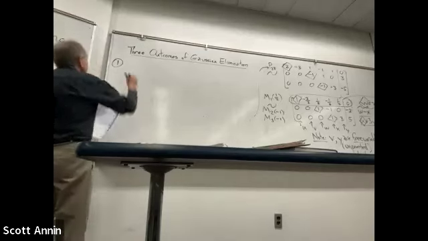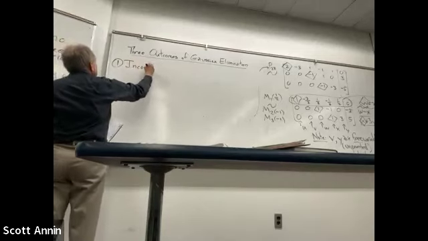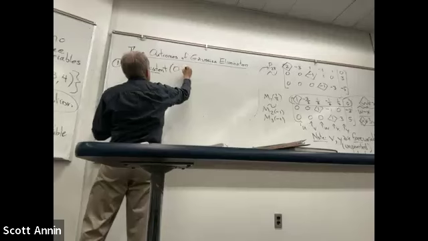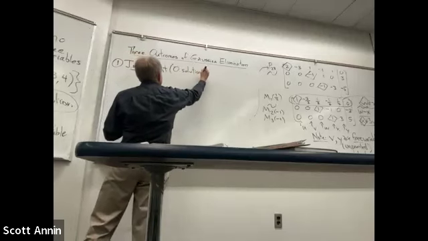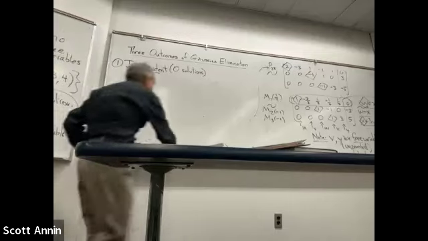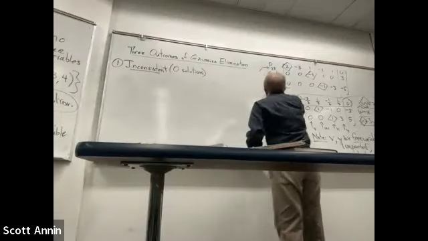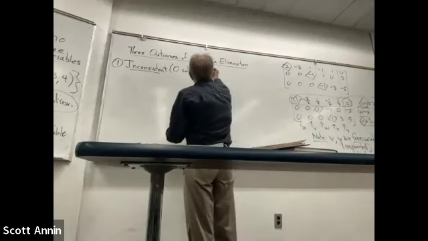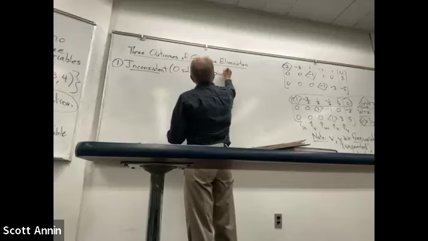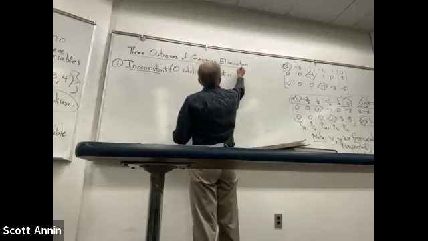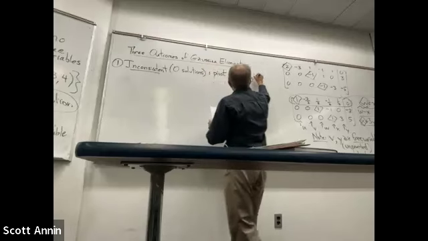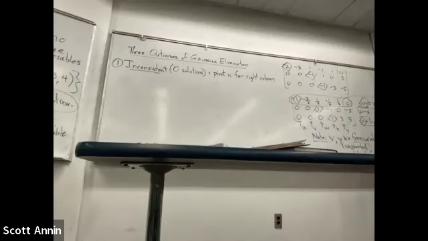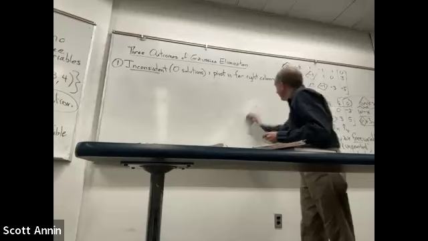The first outcome is that we could have an inconsistent system. Inconsistent just means 0 solutions. And how does that arise? Well, the way that plays out in your work is that you get a pivot into that far right column.